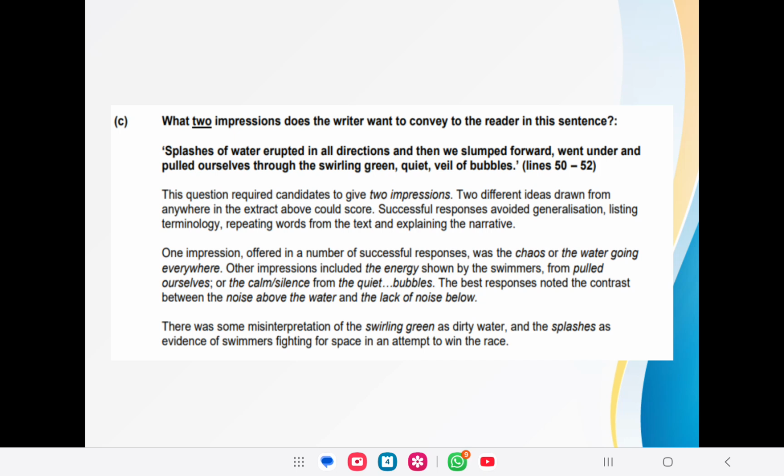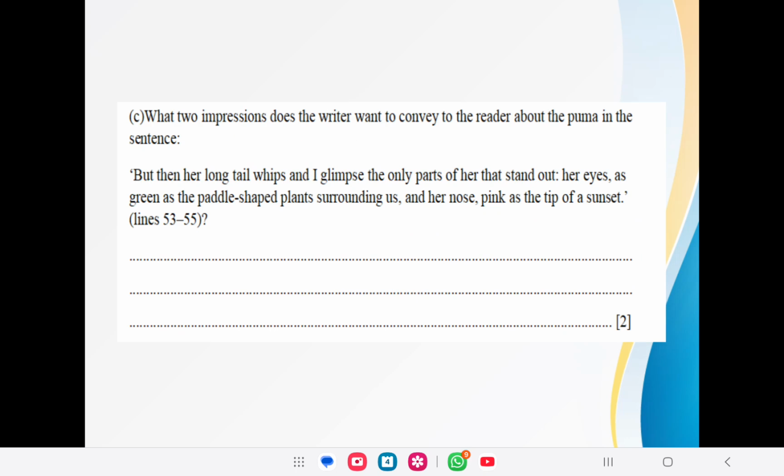So you can definitely find such impressions. The best responses noted the contrast between noise above water and the lack of noise below. There was some misinterpretation of the swirling green as dirty water and the splashes as evidence of swimmers fighting for space in an attempt to win the race. So definitely that is not the impression that the writer is trying to give. That's why you cannot get marks for that.